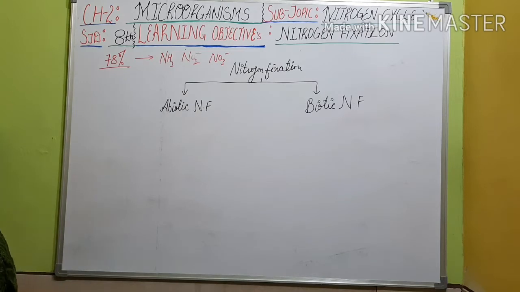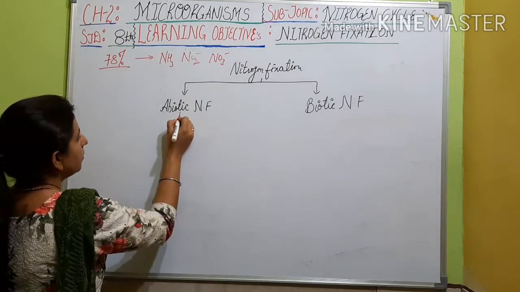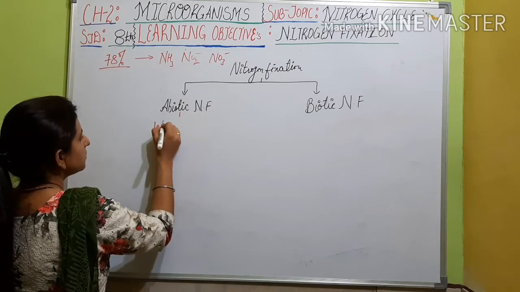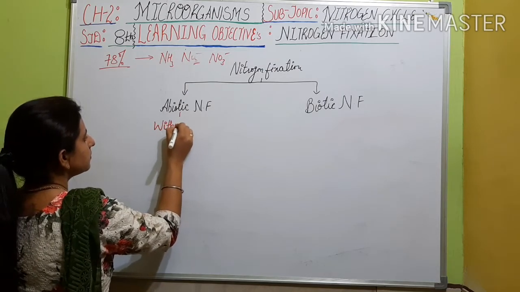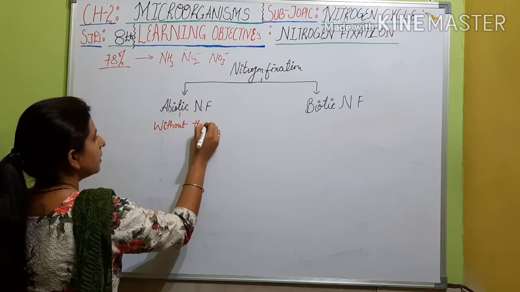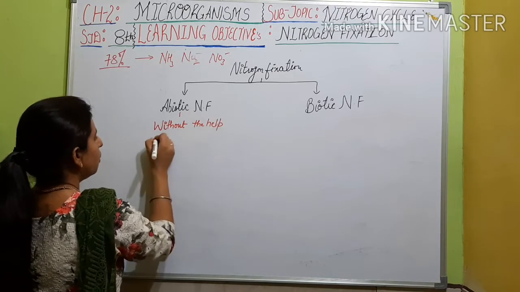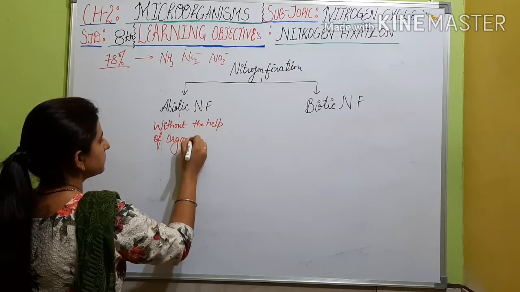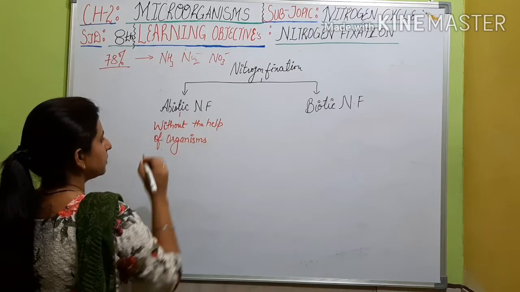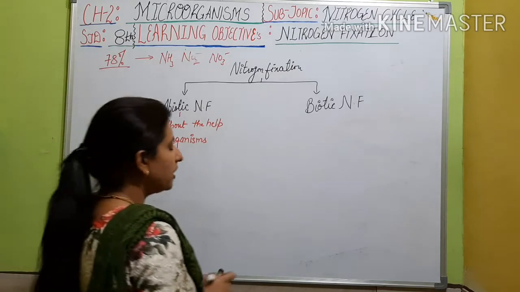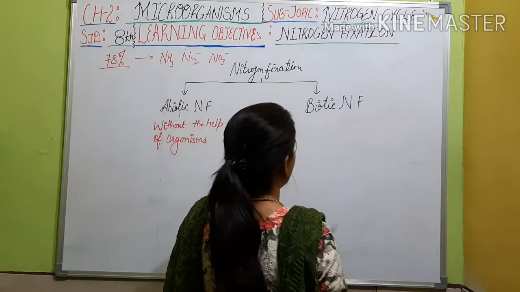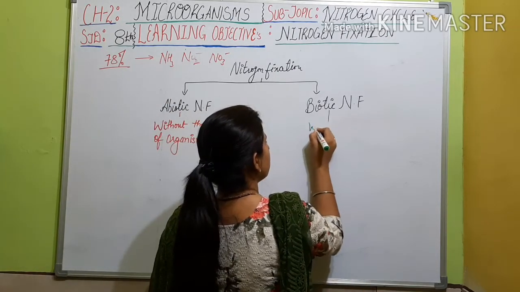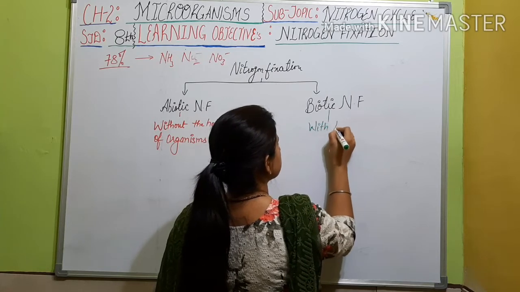Abiotic nitrogen fixation means without the help of organisms, and biotic nitrogen fixation means with the help of organisms.